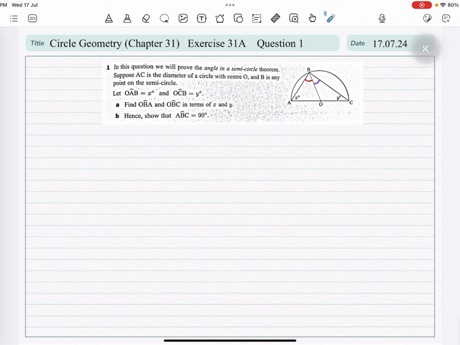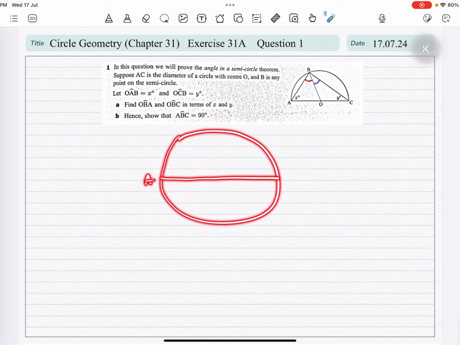So what is the angle in a semicircle theorem? This is a theorem which says that if there is a circle like this and there's a diameter AB, and it passes of course through the center of the circle O, then if it subtends an angle at any point on the circle, let's assume it's C, then this line segment will subtend an angle of 90 degrees.